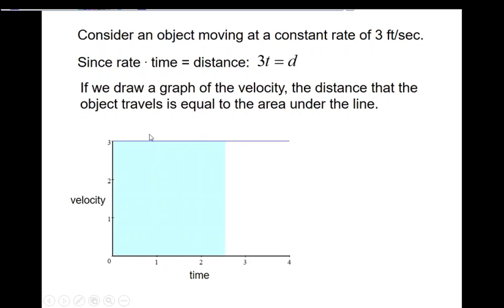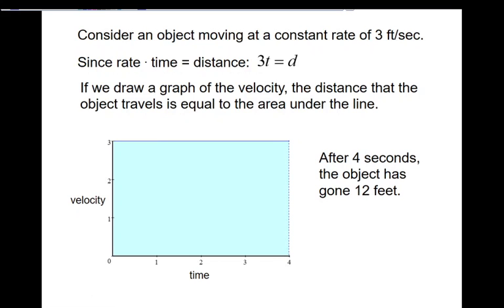Basically, we've been dealing with velocity and acceleration and position for a while. So let's consider an object moving at a constant rate of about 3 feet per second. Since rate times time equals distance, or 3t equals d, if we draw a graph of this velocity, the distance the object travels is equal to the area under the curve.